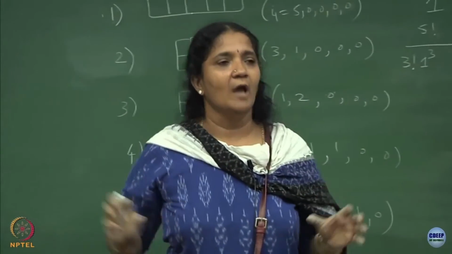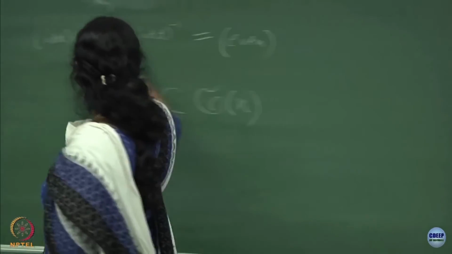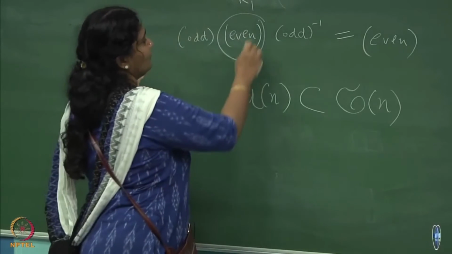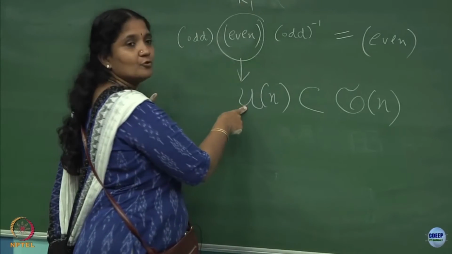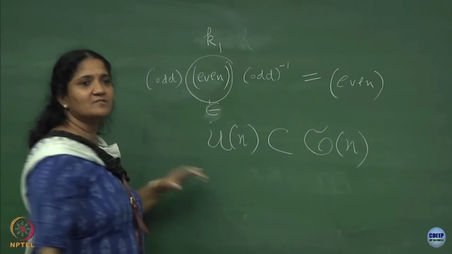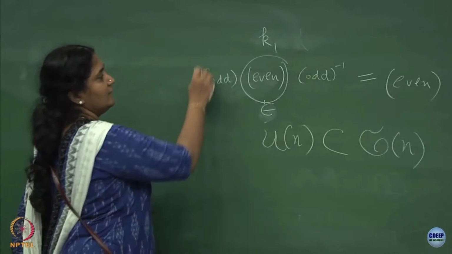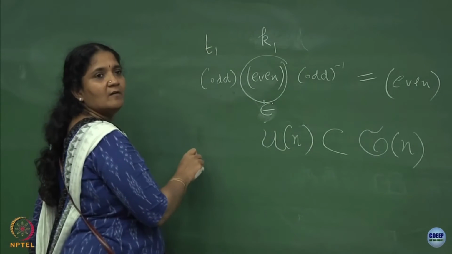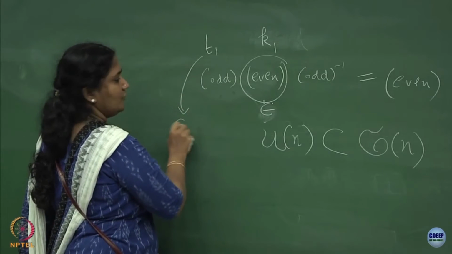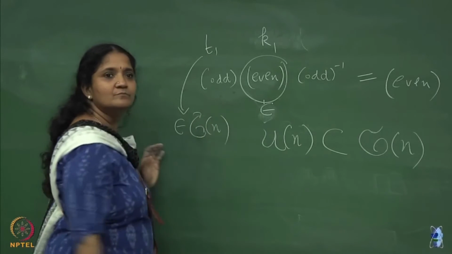Good. Now take an element, call it K1, which belongs to the alternating group. Let me write it as an element of An, which is a subset of this. Take another element here, let me call it T1, which is an element of the symmetric group of degree n.